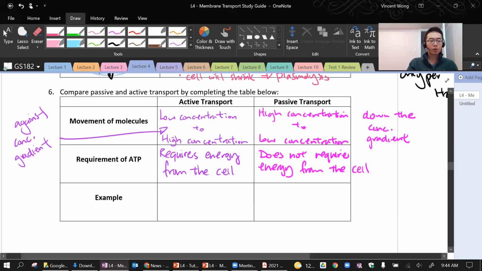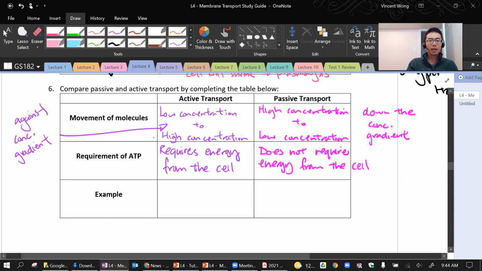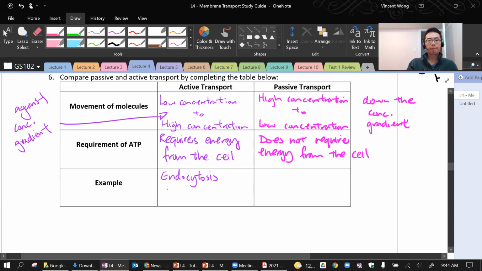Examples of active transport would be things like, assuming you've watched the lecture, endocytosis, like eating a cell. We talked about it last time, the phagocytosis. Another example of active transport would be a protein pump, like the sodium potassium pump.